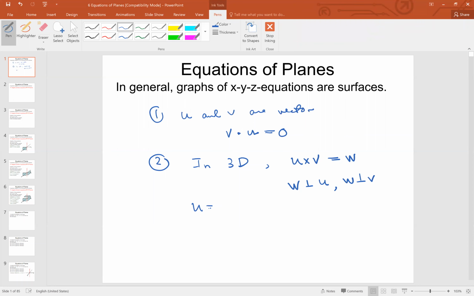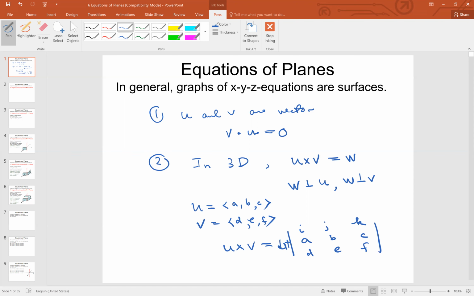In particular, the cross product: u is equal to a, b, c, and v is equal to d, e, f. Then the cross product is given by this little formula, the determinant of i, j, k, a, b, c, d, e, f.